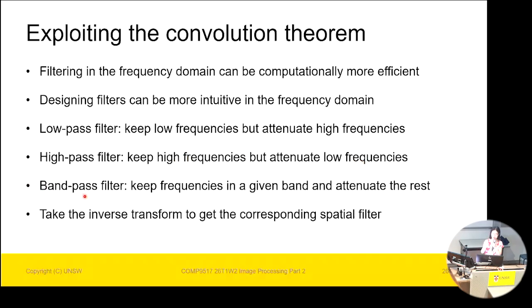We want to keep the frequencies in the middle somewhere. This can be specified in a given band, and then we attenuate the rest. All these concepts are not specific to images. If you have done digital signal processing, it's all the same. It's really nothing too special about images.